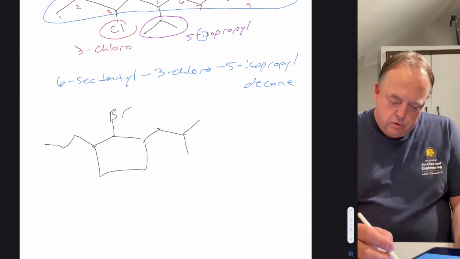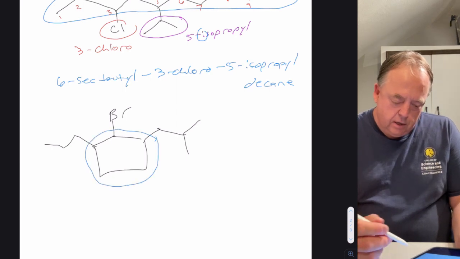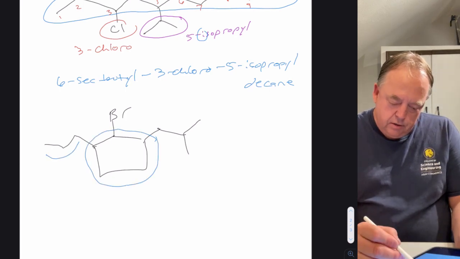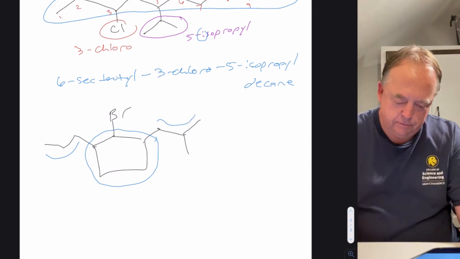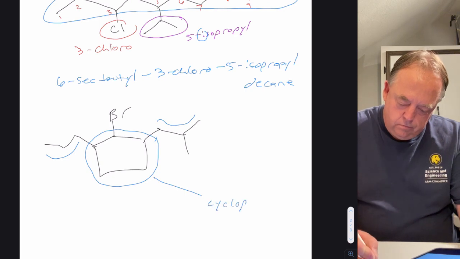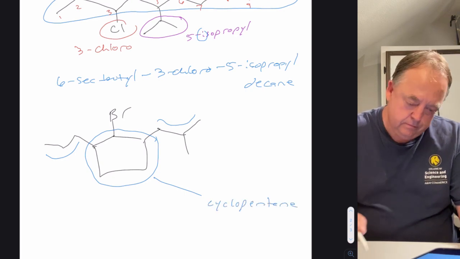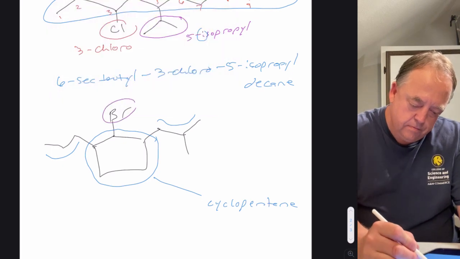And this molecule, so we have a 5 carbon ring, and then we have a 3 carbon chain here and a 3 carbon chain here. So the 5 carbon ring is the longest, so that's going to be the parent. So the parent's going to be cyclopentane. And then for substituents, we have a bromo.